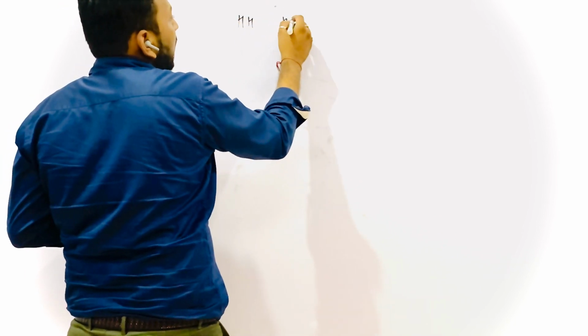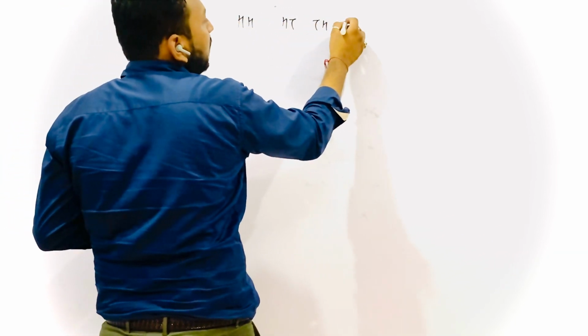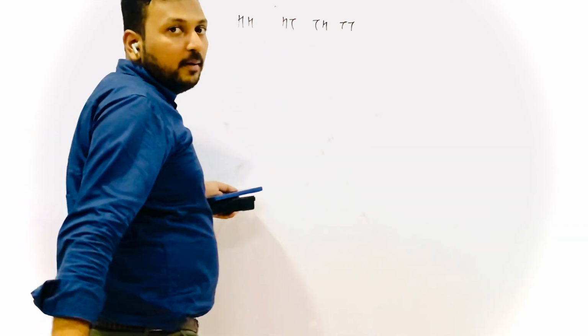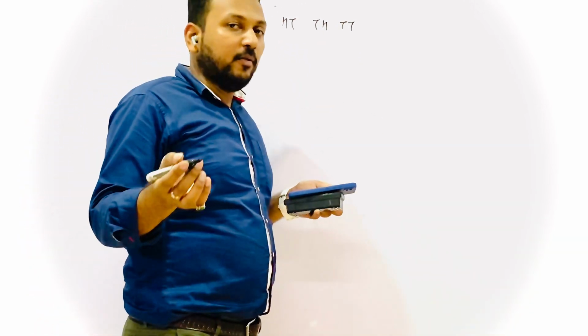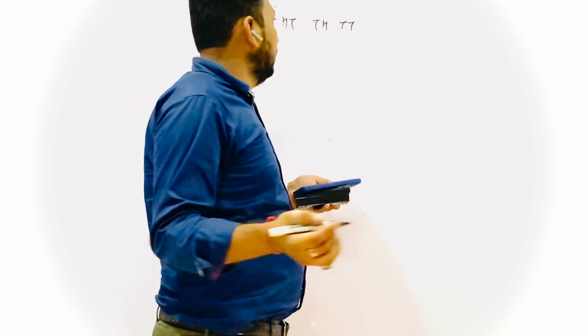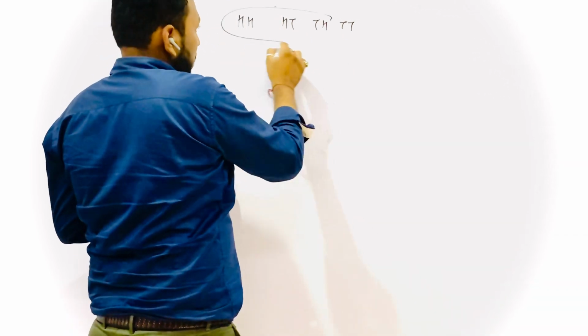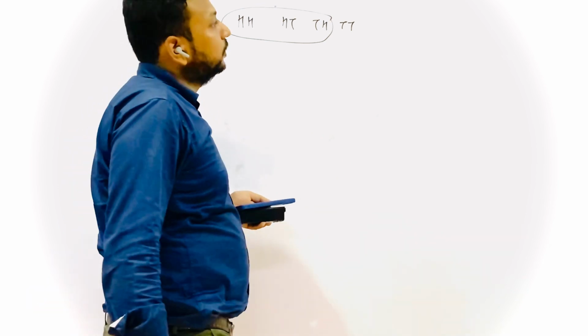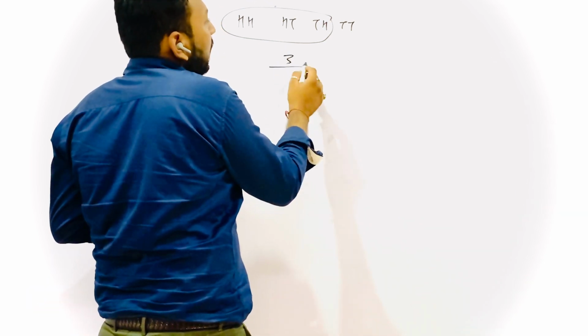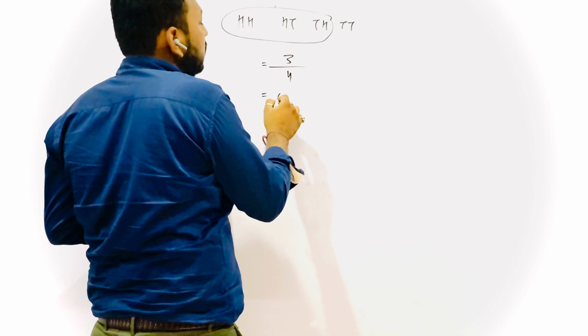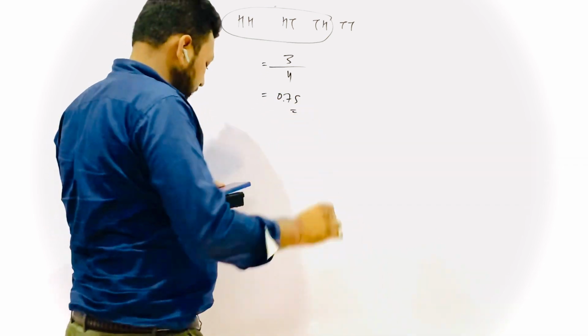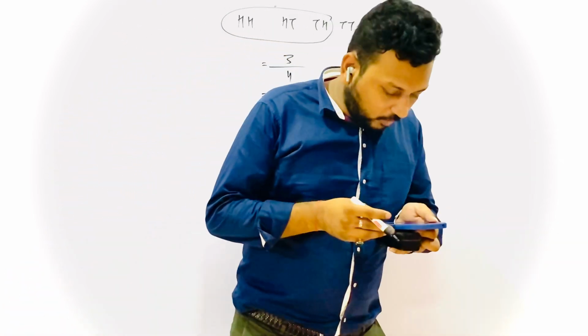HH, HT, TH, TT. Both get heads. One gets head, another tail. One tail, another head. And then both tails. So for the probability of getting at least one head, we have 3 favorable cases out of a total of 4. So 0.75 is the probability. Got it? So this is the answer.